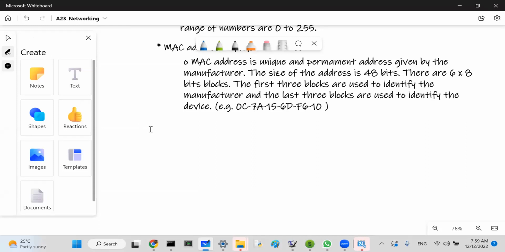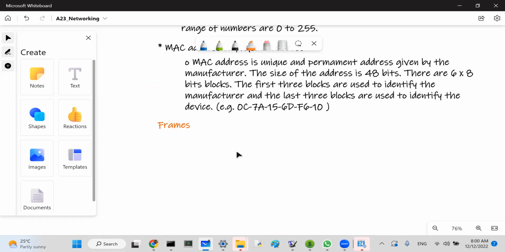The next topic we are going to discuss is called frames. This is again a subtopic. Frames are quite useful. When we want to send data from one computer to another, we use different techniques, and data will be sent and received in different levels, which we will discuss later on.